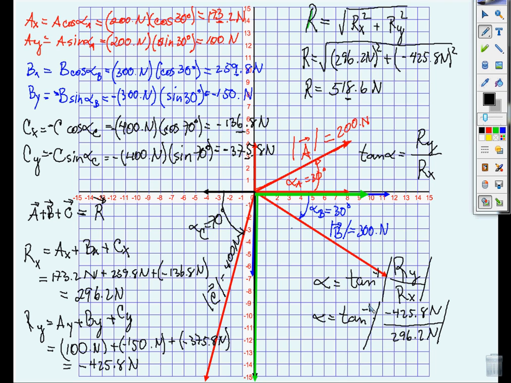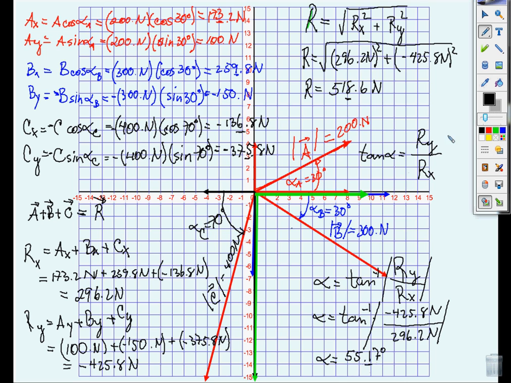My advice to you is divide 425.8 divided by 296.2, and then you get the inverse tangent of that, and you're going to get a reference angle equal to 55.17 degrees. We're going to use 3 significant digits for the angle.